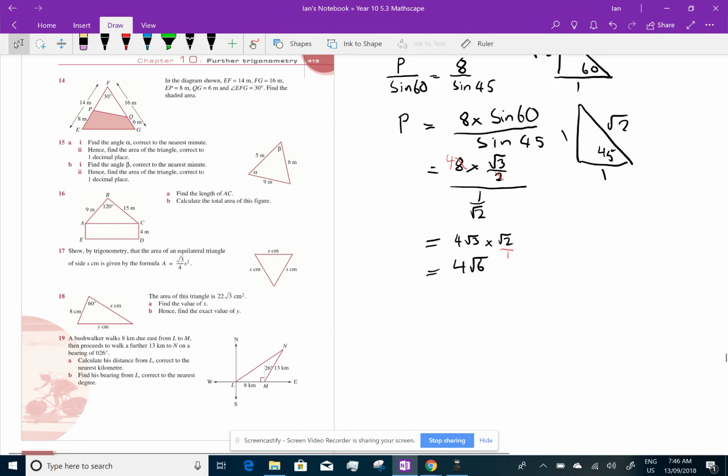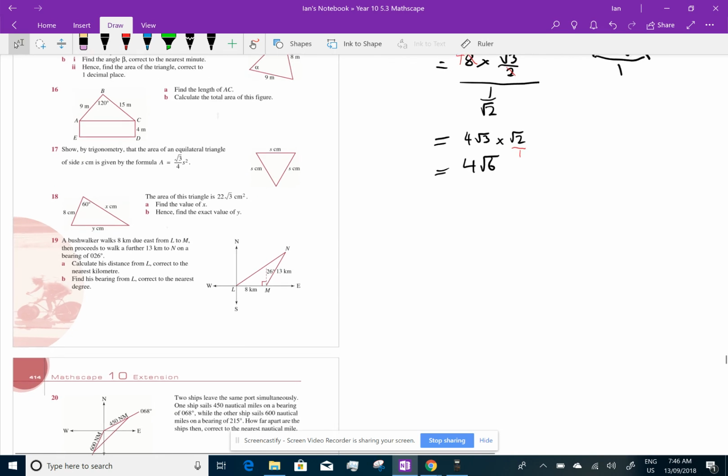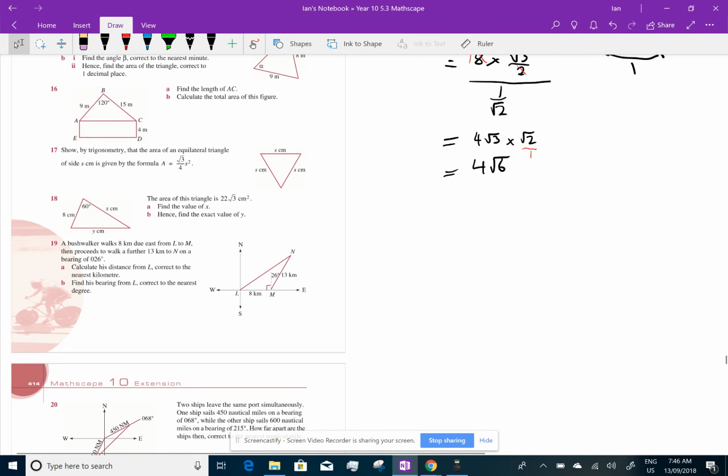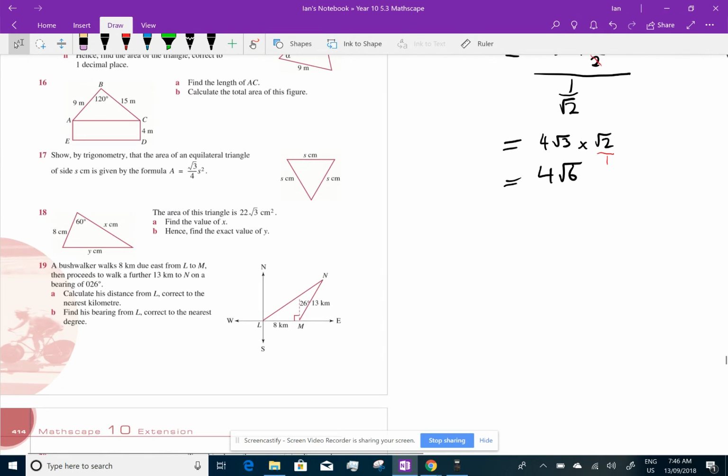Let's move on. And it's another exact value one. I'm going to 17. If I look at 17 here, they've given me the diagram. This one's a little bit easier. What I've got is an equilateral triangle. And they've said, show that the area equals root 3 on 4 s squared. Well, luckily for me, I understand the properties of an equilateral triangle, and I know that's 60.